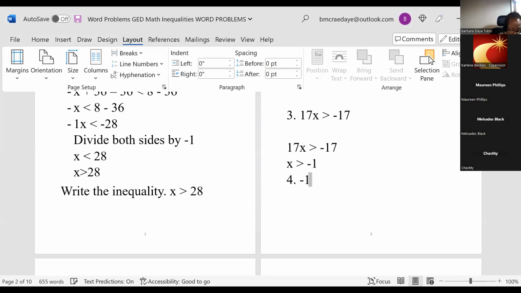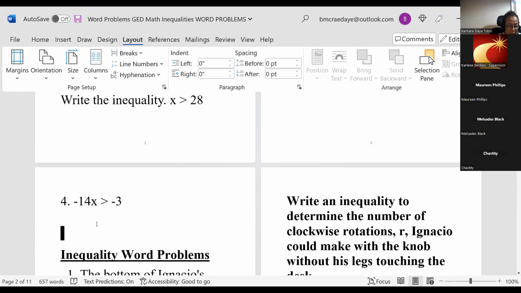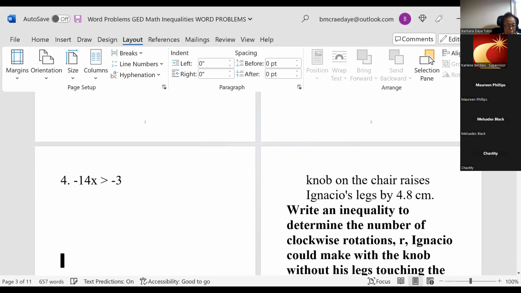Minus 14x greater than minus 3. Now put this all on another screen and you tell me your answer. What is the inequality? Solve this one. Tell me the inequality.